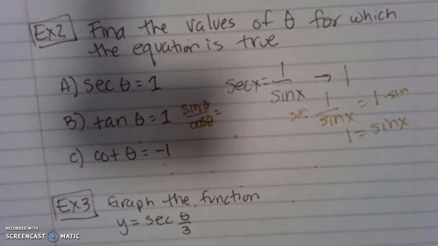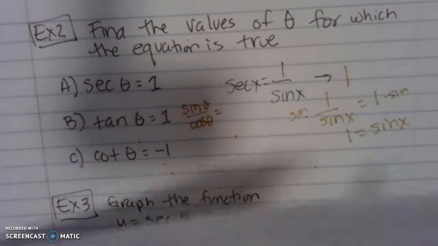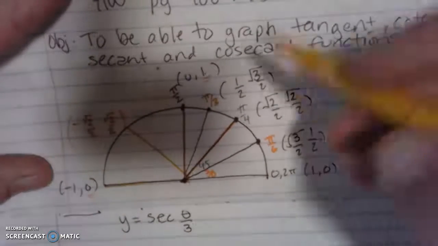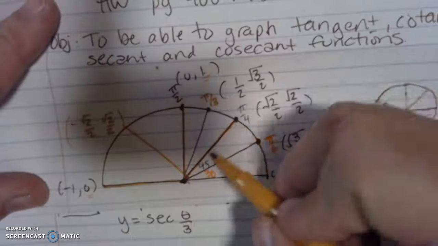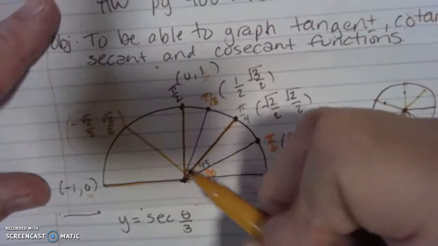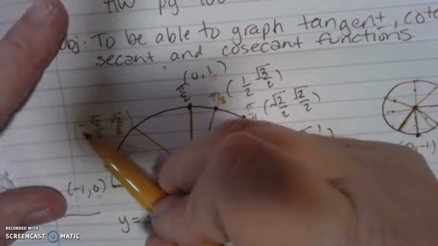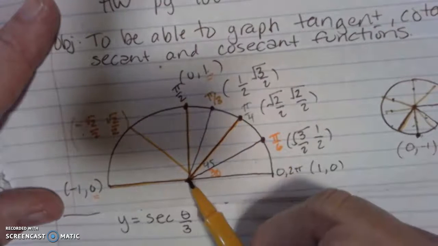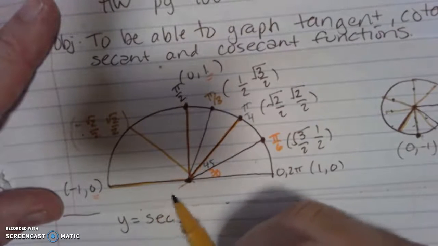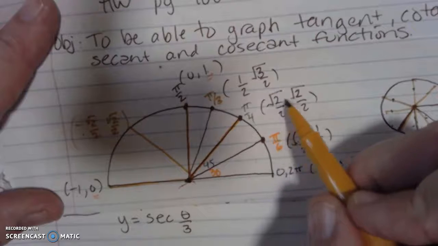Well, it's equal to 1 when I look at my unit circle, whenever sine and cosine are the same. So it's going to be at pi fourths. It's not going to be this one on this side because it's a negative and a positive. But it would be pi fourths or 5 pi over 4, whenever the signs are the same, radical 2 over 2.